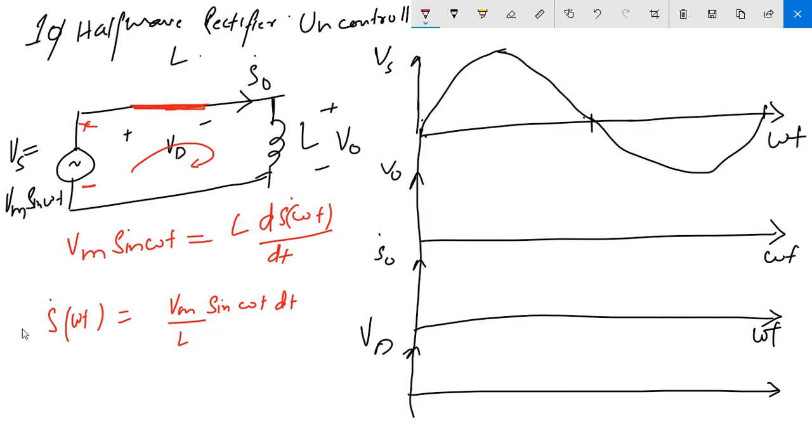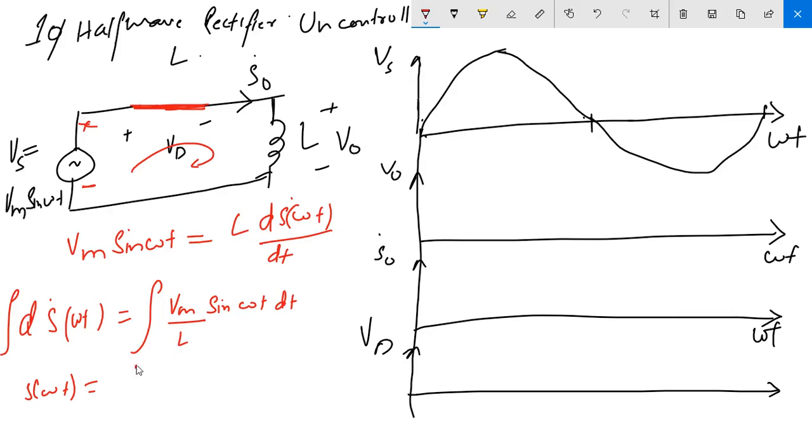So integrating this term, it is d omega t. Integrate these things and you will get this. You are actually integrating in terms of dt, so this omega will come down.